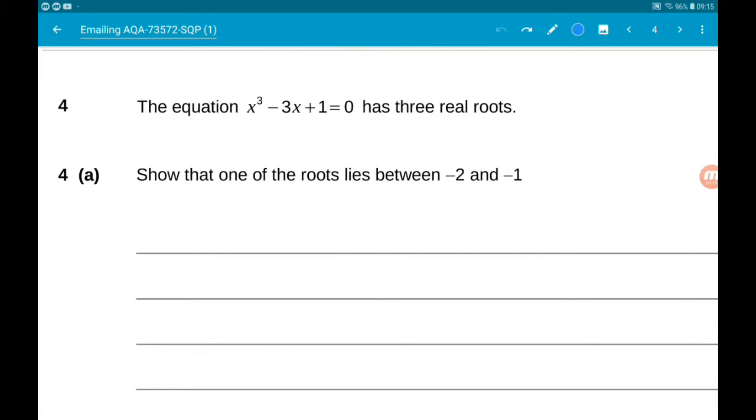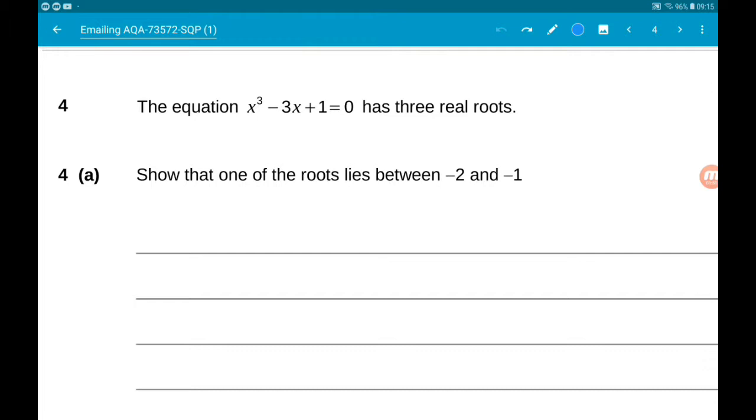We want to show that one of the roots lies between x equals minus 2 and x equals minus 1. So if a root does lie between those two values of x, we will see a change of sign for the value of the function when x is minus 2 to when x is minus 1.